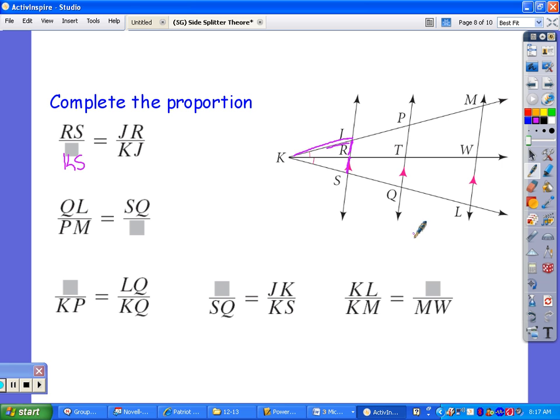On the second one, we have QL. So if we highlight that, we have QL, which is this whole side of the triangle from here, to here. QL is right there. We have PM, which is these 2 parts.